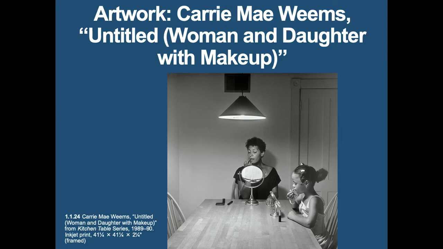Now, in this particular piece, this is Carrie Mae Weems' Untitled, and we have two different types of contrast happening. Part of the idea here, or part of the working mechanism here, is the fact that it's a black and white photograph.